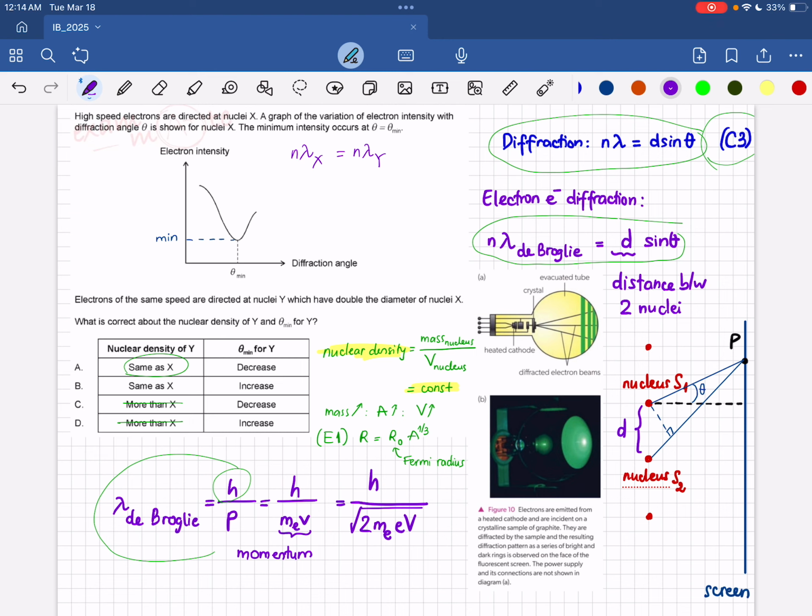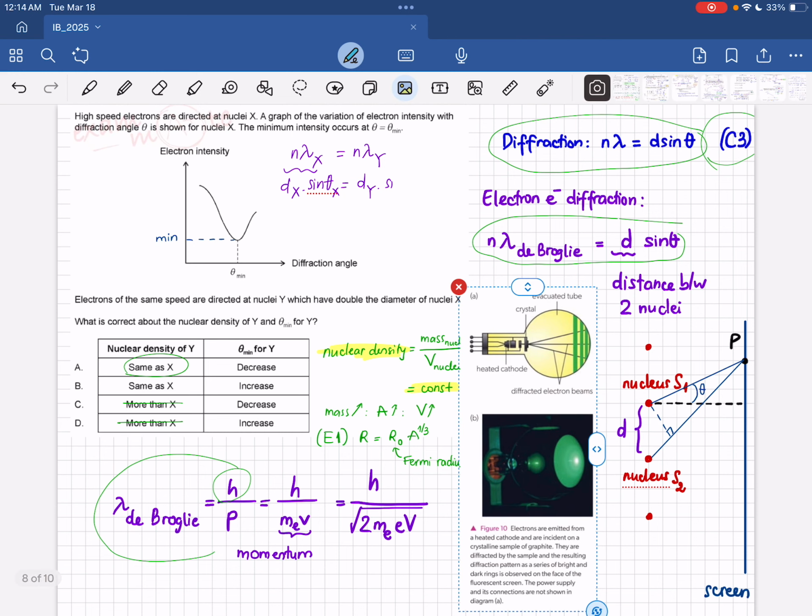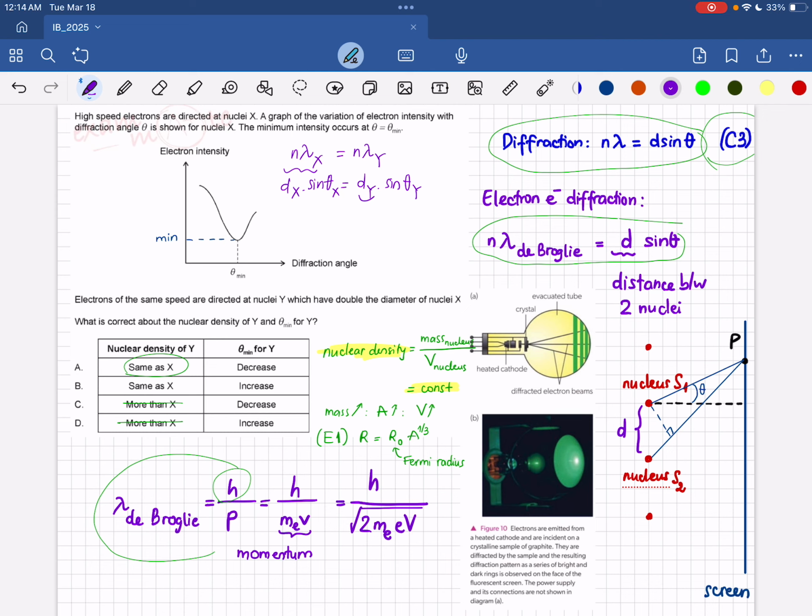And then this also equals d_x times sin theta_x equals d_y times sin theta_y. Now it's easy, right? If d_y is double d_x, we can just take the ratio. Whenever you see something like double or comparing, ratio is the best way to solve these kinds of problems.